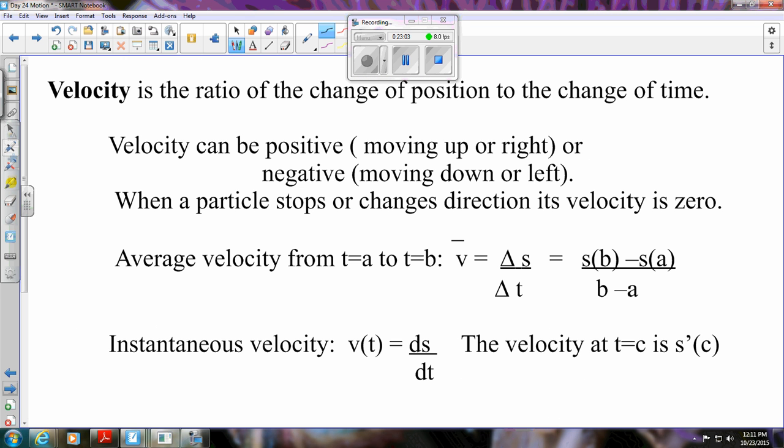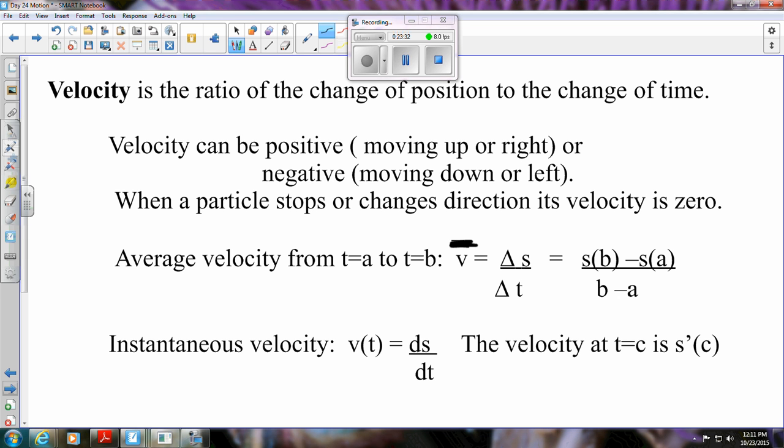Now, this is where it gets really fun, and they don't talk about derivatives in physics. So velocity, we know, is the change in position over change of time. And you've probably done this many times. If you put a little line over it, this means just the average velocity. So up until this point, you found the average velocity by taking the total change in position over the total change in time.